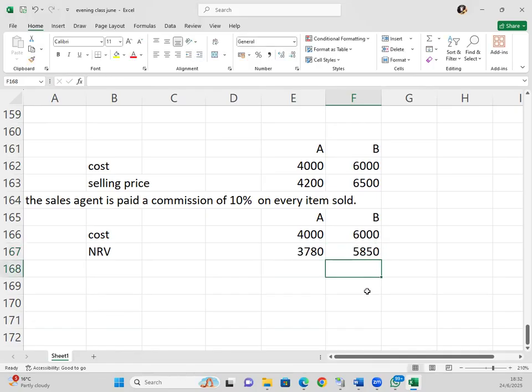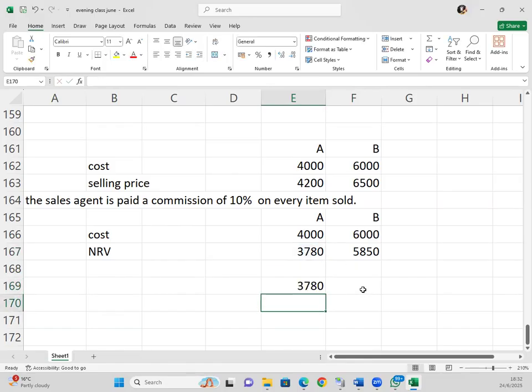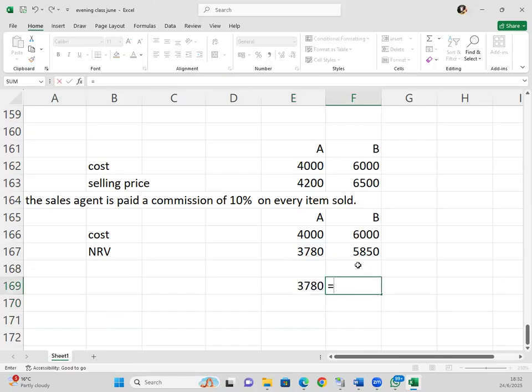So now you have your net realizable value. Then your inventory is based on the lower of the two. You compare cost and net realizable value for A, the lower is net realizable value. For B, the lower is also the net realizable value.